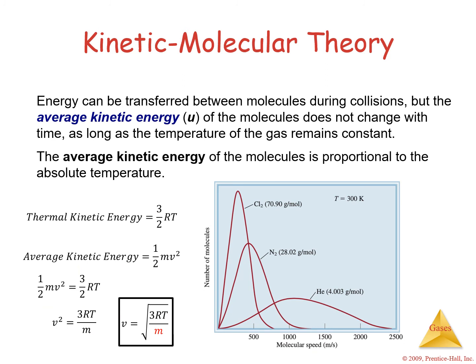Another very important prediction which comes from the kinetic molecular theory is that the velocity of the molecules in a gas phase should be inversely proportional to their mass at constant temperature. And this is very much what the theory predicts, looking at the equation.